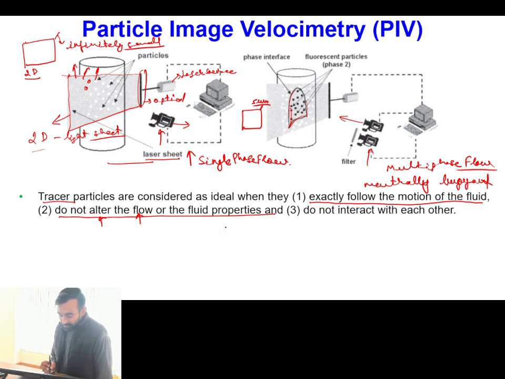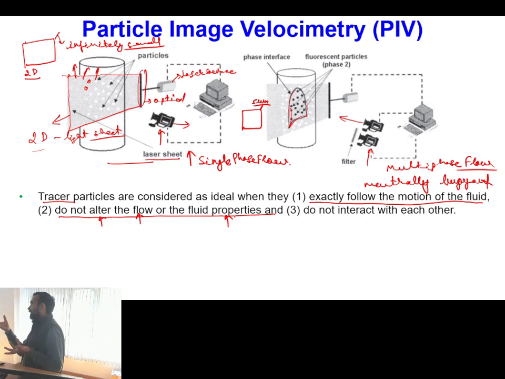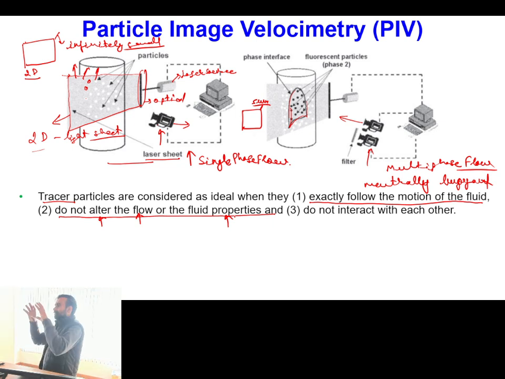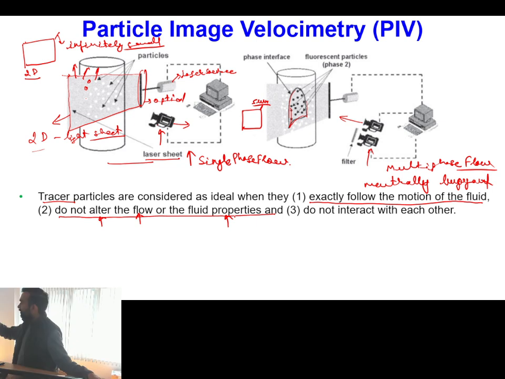The second point is that these should not change the fluid properties. Now it is very important to know that if you consider water, and in water you seed 10,000 particles in a pipeline of 10-meter length, these 10,000 particles will be in a dilute arrangement, dispersing in the pipeline, and there will not be any particle-particle interactions.